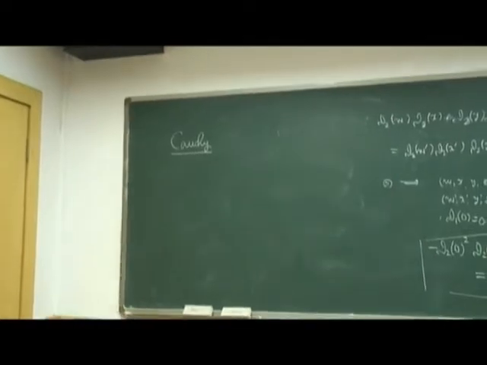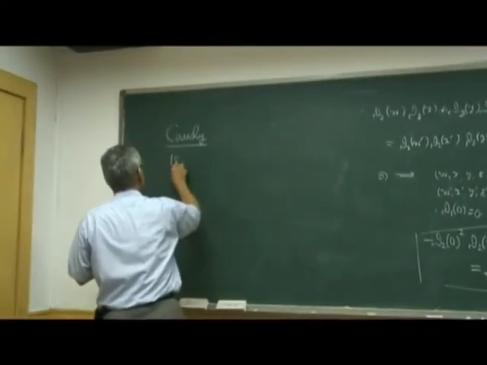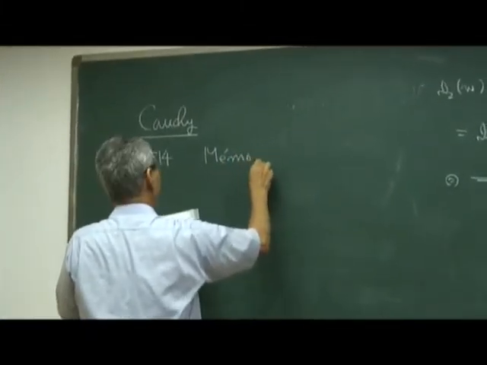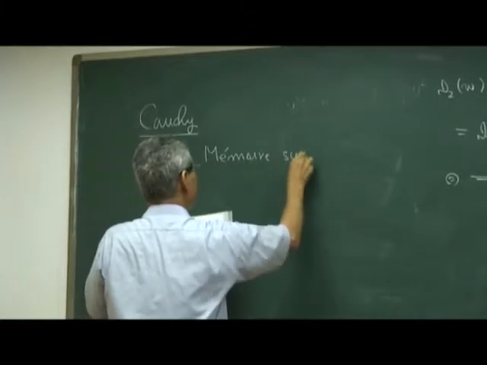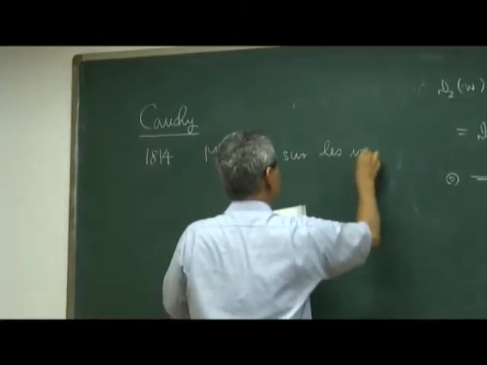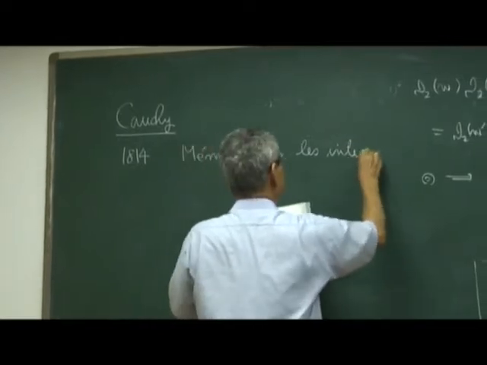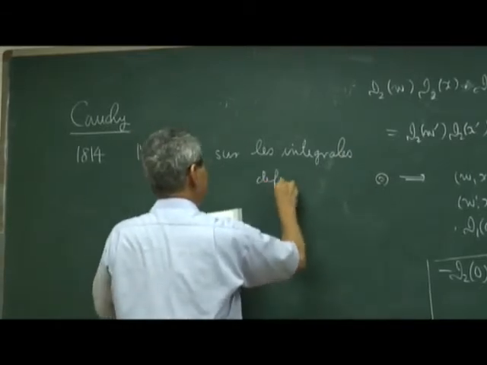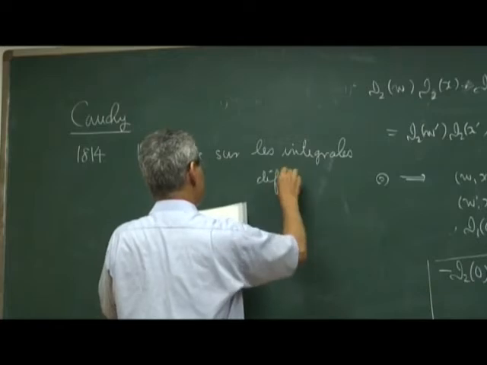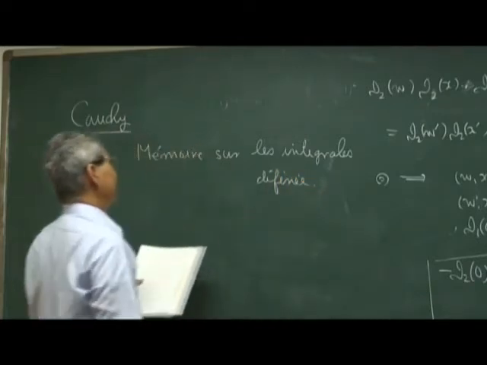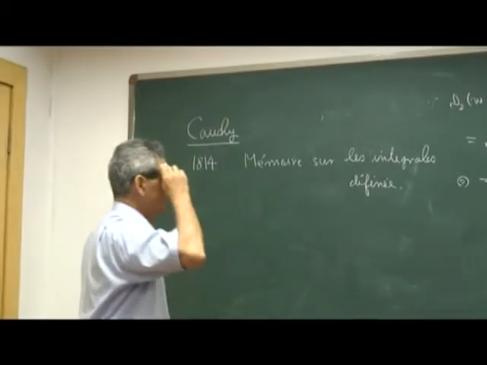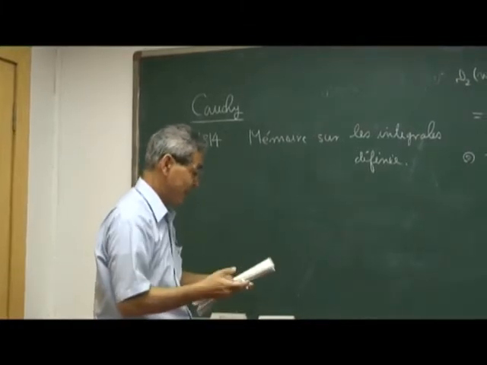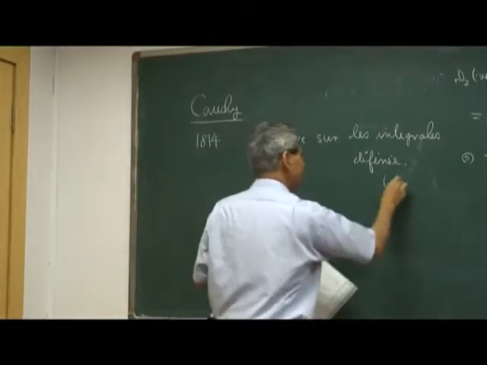And the most important paper seems the memoir sur l'intégrale définie. So it's a memoir on definite integrals. But actually, this was presented to the Paris Academy, but only published, I think, around 1825.